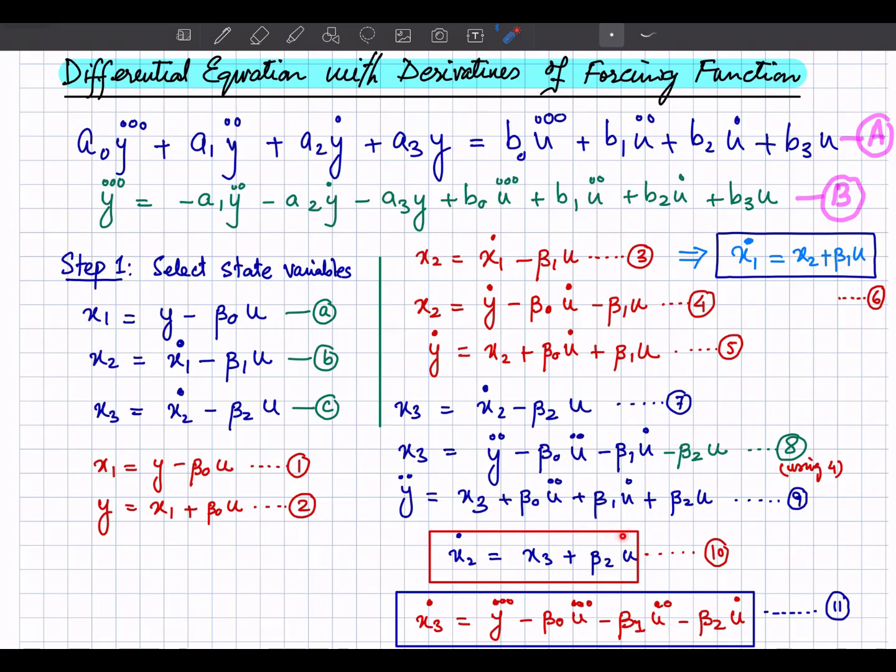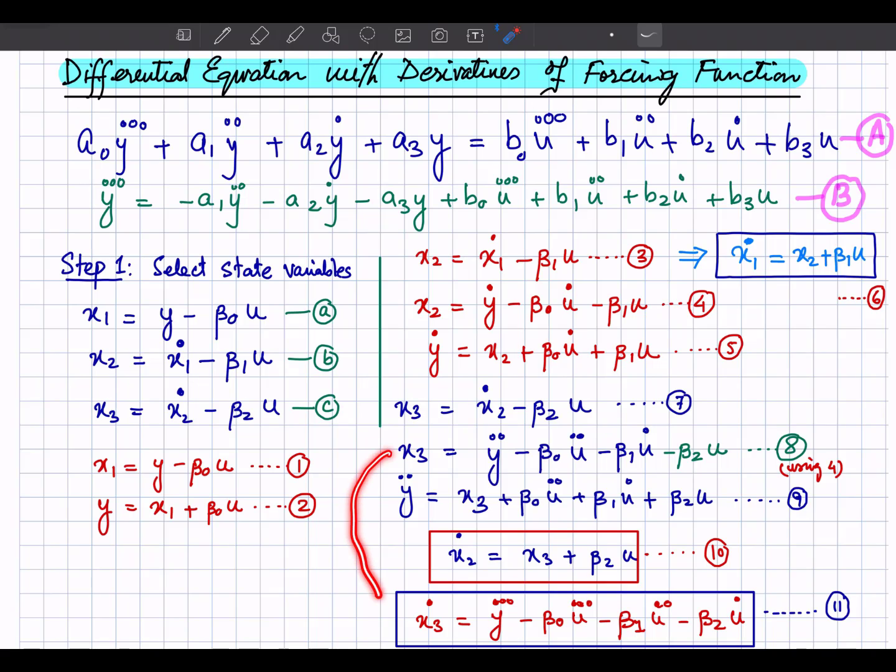So that is shown over here. This is our second first order differential equation, along with this equation, that will be defining our third order differential equation with the derivatives of the forcing function. Okay, so we have defined two equations, the first one and the second one.